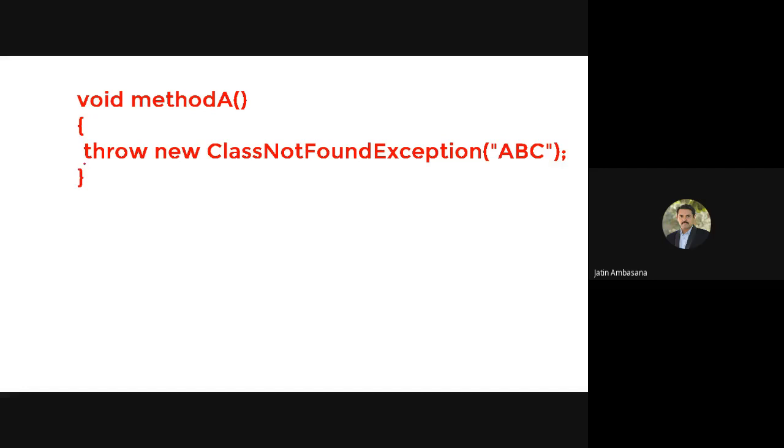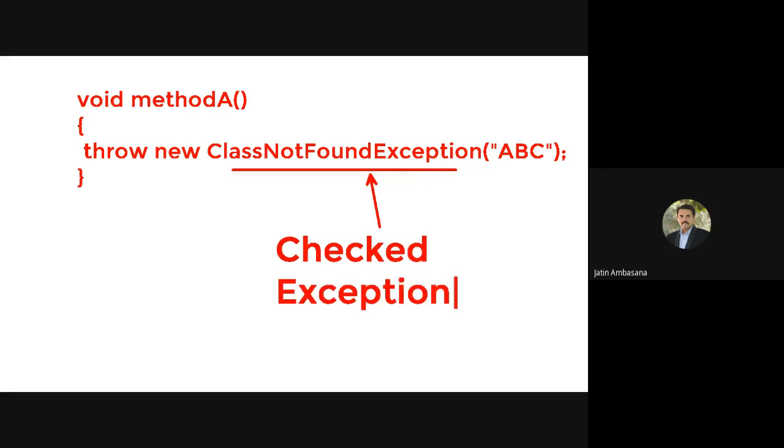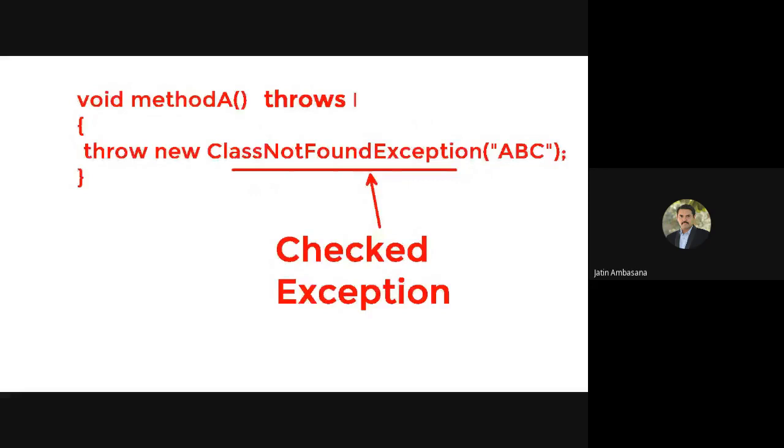Now this method is throwing a checked exception. If it's a checked exception, you need to propagate it. You need to declare over here that this method A can throw it. That's what you declare by saying throws. So you say this method throws the ClassNotFoundException.